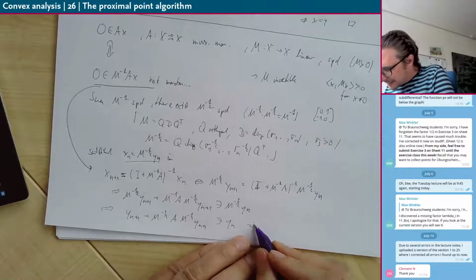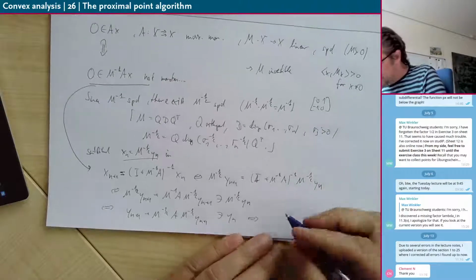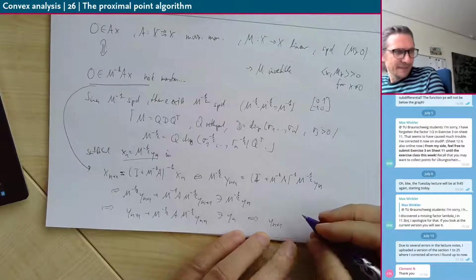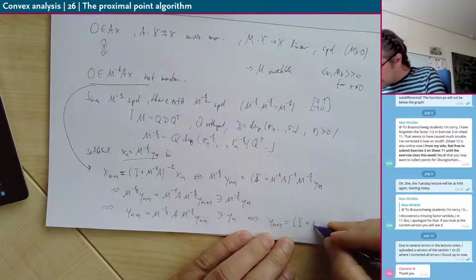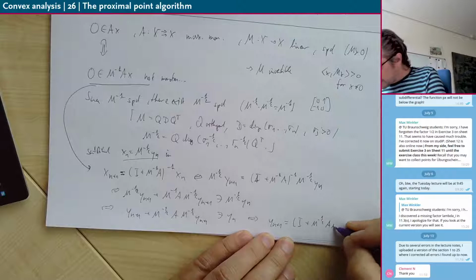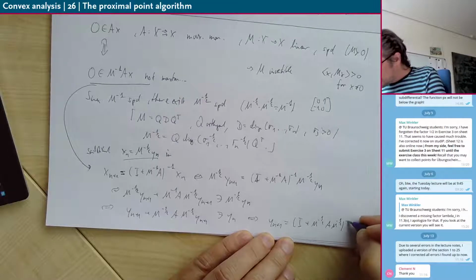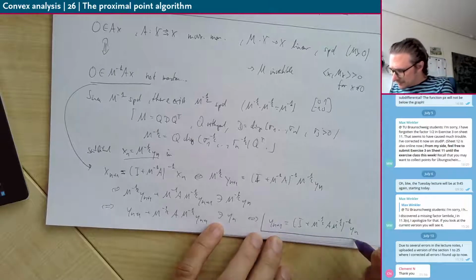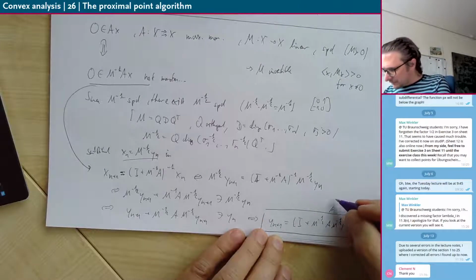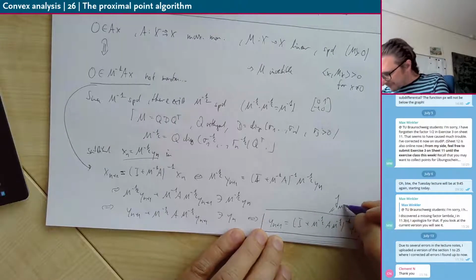And this is the case if and only if y_{n+1} equals (I plus M to the minus 1/2 A M to the minus 1/2) to the minus 1 y_n. So this is now the resolvent of M to the minus 1/2 A M to the minus 1/2.